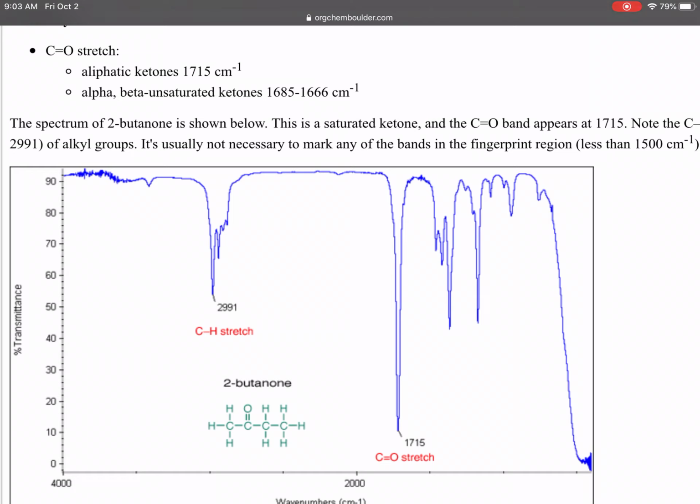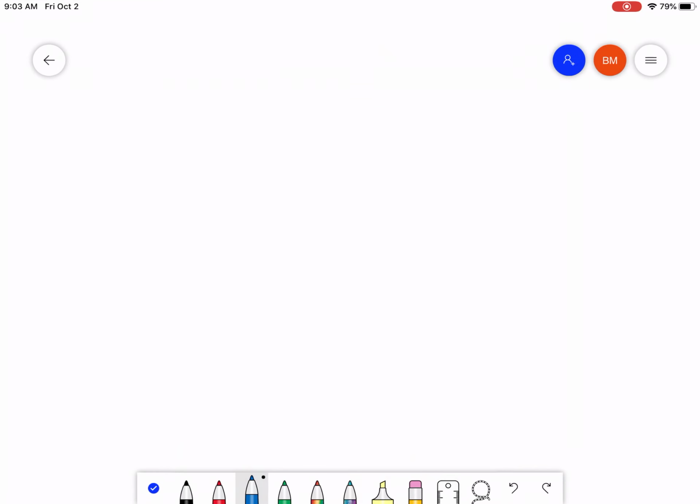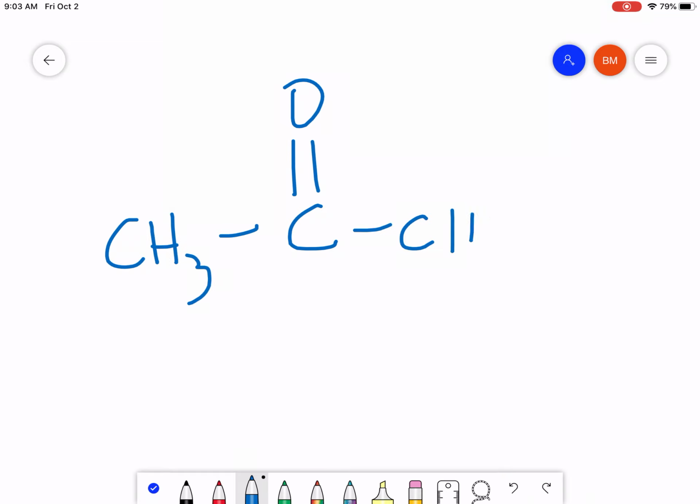We have a peak at 1715, right smack dab in the middle of that range. Very strong, usually very sharp as well, very easily identifiable. Now, if you have a ketone, remember, a ketone means that we have two R groups. So, for example, we might have something like this.